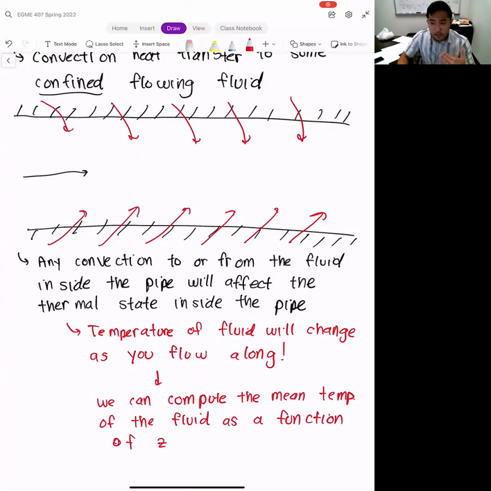That's the coordinate that goes down the length of the pipe, and so this direction here, that's the z direction.